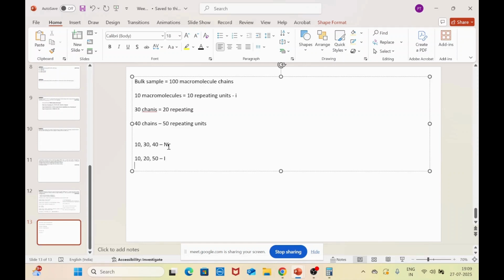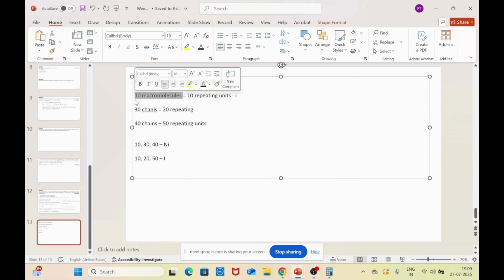When you have this i, it will have a certain molar mass, which you have to multiply with the number of repeating units, and then only will you get the molar mass of one chain. If you multiply that molar mass of one chain with 10, similarly as we have 10 chains, then you get the mass of the macromolecules which have 10 repeating units.